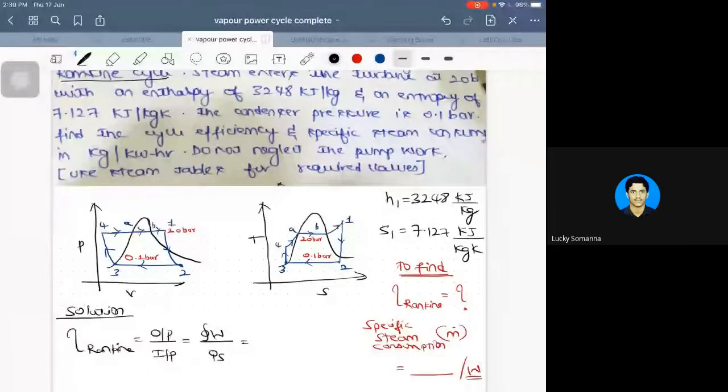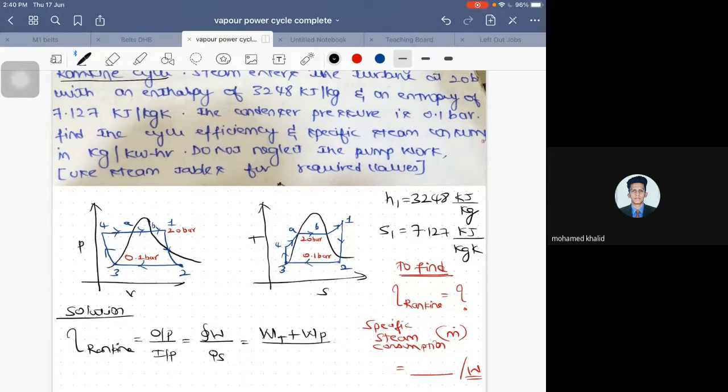How many types of work are there in this particular Rankine cycle? Two types: turbine work and pumping work. So the efficiency is turbine work WT plus pumping work WP, divided by heat supplied.